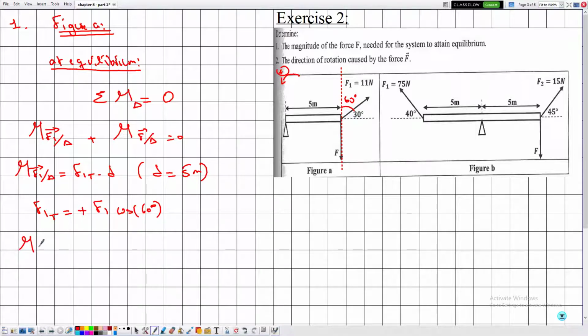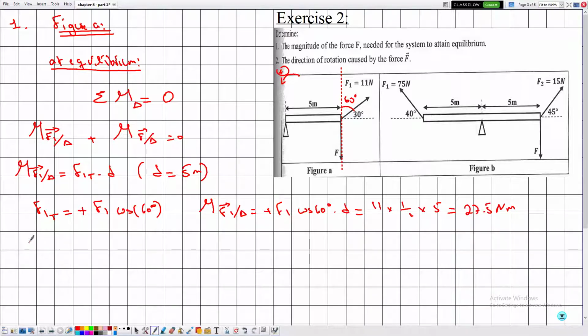Now M F1 on delta is equal to plus F1 cosine 60 multiplied by D, which is equal to 11 multiplied by half multiplied by 5. Plugging this into the calculator, it is given by 27.5 Newton meter. Okay.